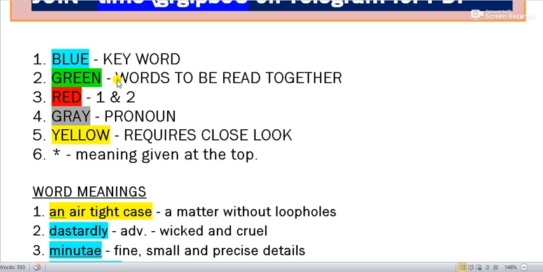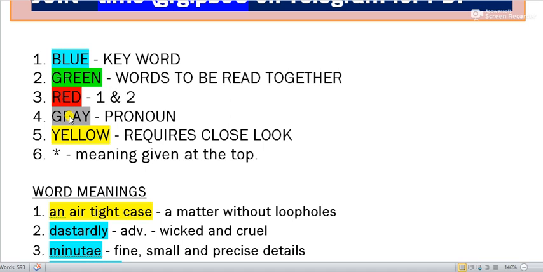There are many words in a passage other than adjective and noun combinations which must be read together. Then the red color is if both the blue and green apply, then there is red color given over here in the passage.